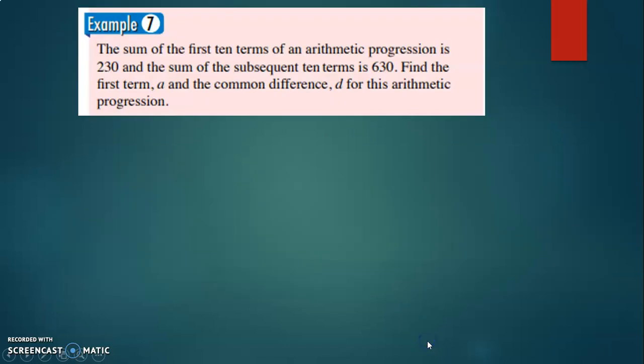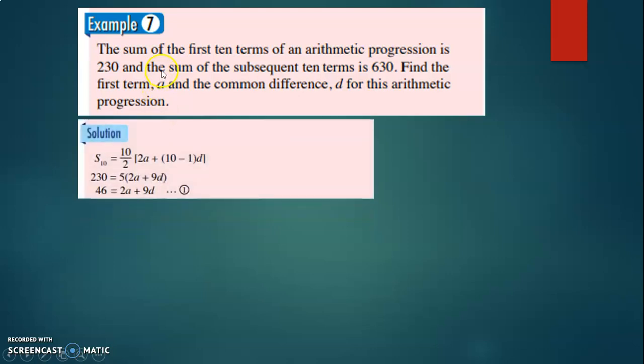Alright, next, the sum of the first 10 terms of an AP is this. Sum of the subsequent 10 terms is 630. Find the first term A and the common difference for this AP. Now, given the info, we make use of the info. Sum of first 10 terms means S10, no? S10 equals to this. I just substitute into the formula. 然后你230咯，这个乘过去 divide and then you simplify, we get first equation.